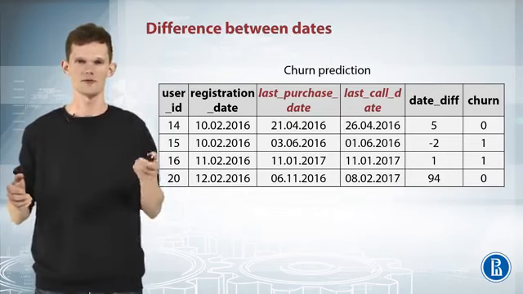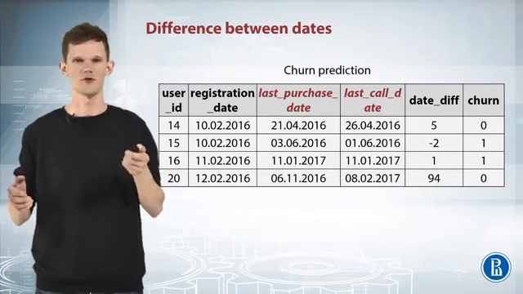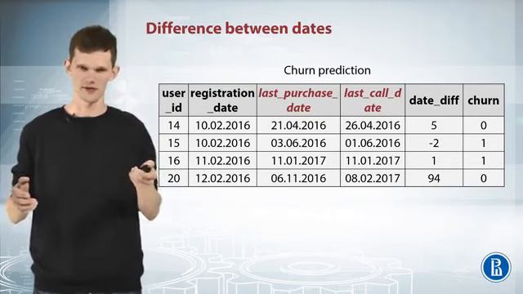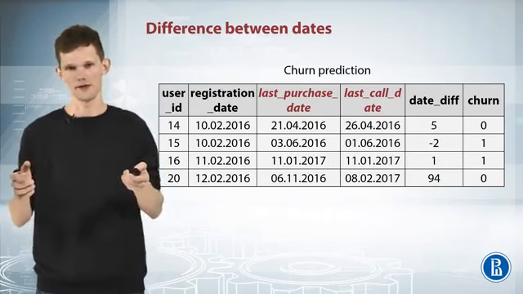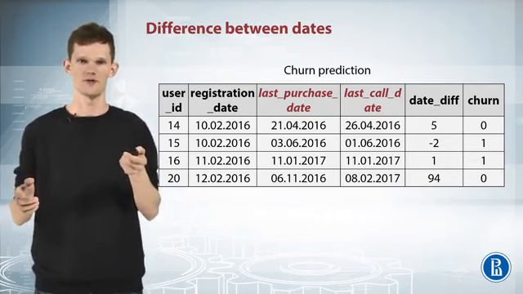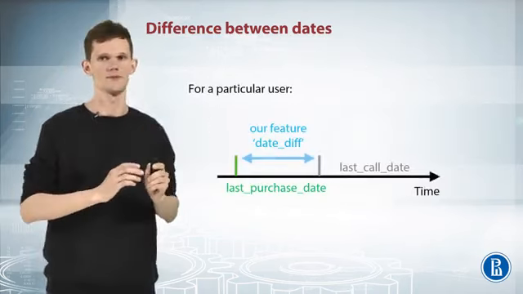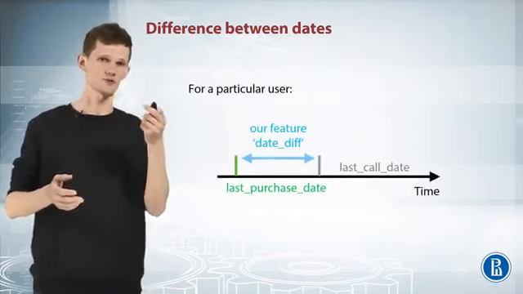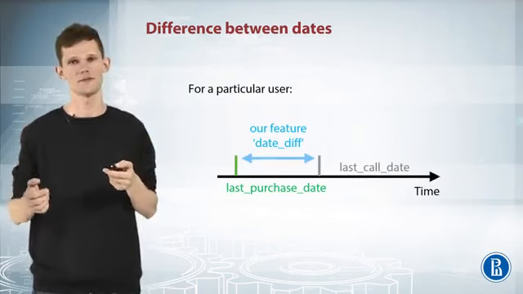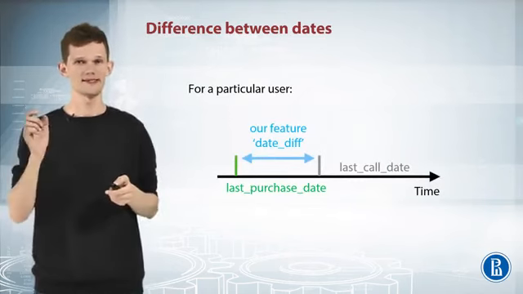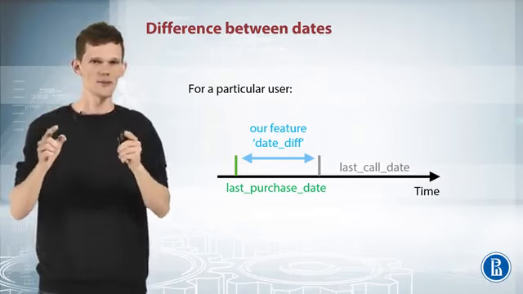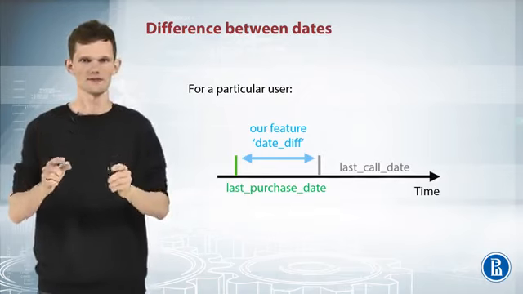We can see how this works on this data frame. For every user we know the last purchase date and last call date. Here we add the difference between them as a new feature named dateDiff. For clarity, let's take a look at this figure. For every user we have his last purchase date and his last call date. Thus, we can add the dateDiff feature, which indicates the number of days between these events.